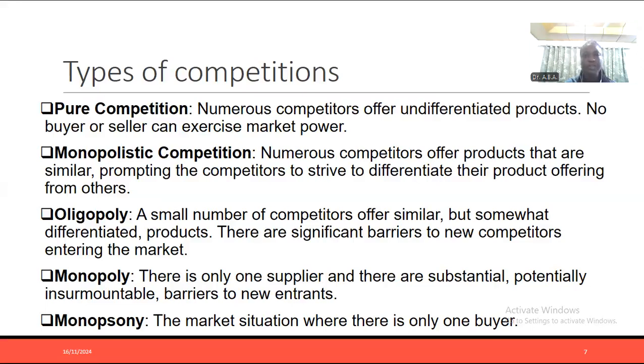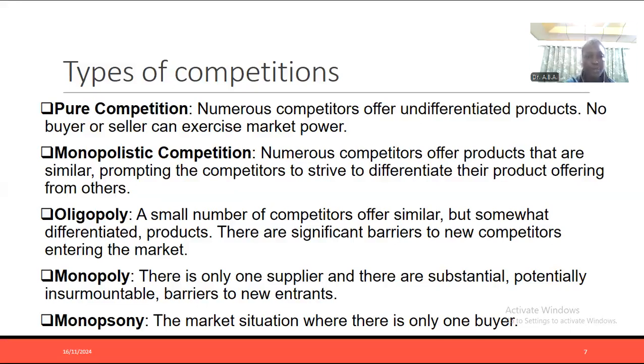And you notice that for the oligopoly, if other business organizations want to enter the market, it's difficult because the few competitors within that sector have differentiated their products. Okay, so it's difficult to have new entrants in the market.